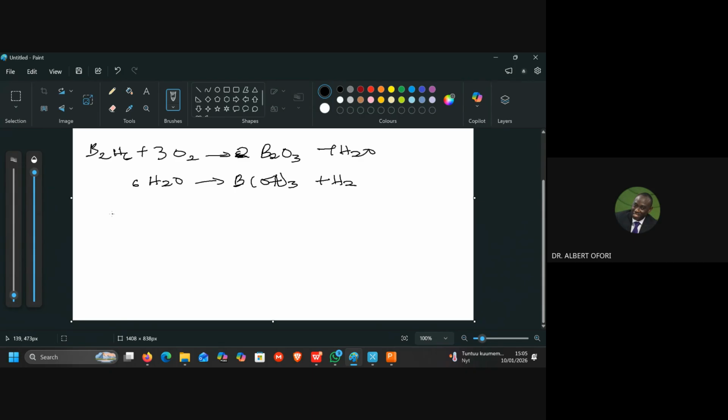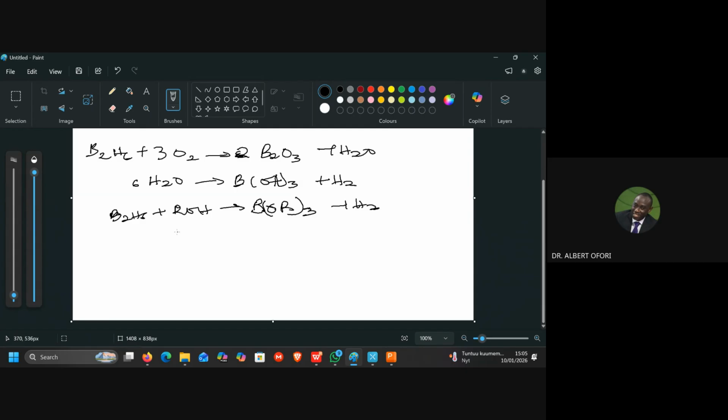Now the diboranes can also react with alcohols. Any of the alcohols, we can produce the boron alkoxy, and of course, again, hydrogen gas will be evolved.